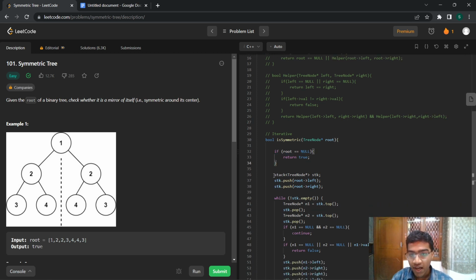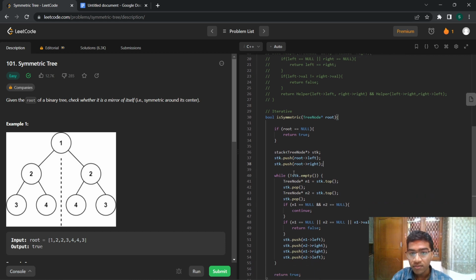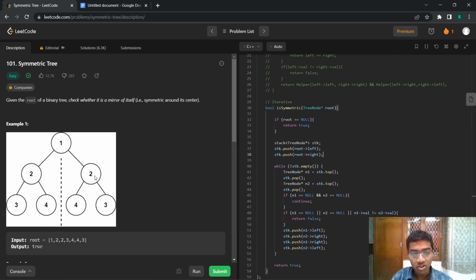Then I create a stack in which I will be storing all the tree nodes I visit. First of all, I push the left and right children. If I take this example, I push this two and this two. I'm pushing the addresses of these nodes, not the values. After that, I run a loop while the stack is not empty, and I pop the first two elements and store them in n1 and n2.